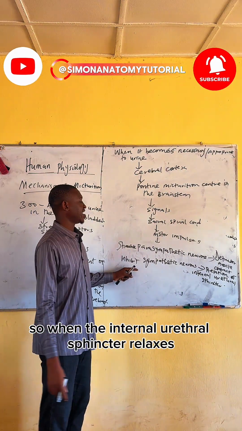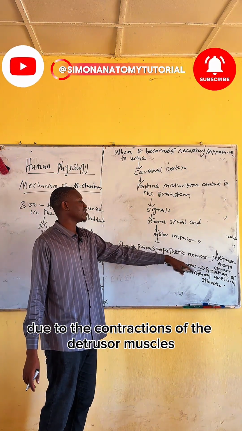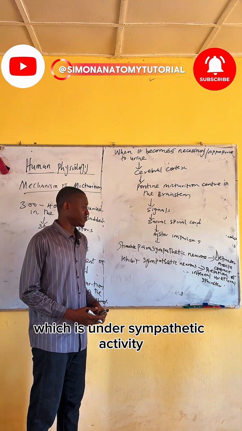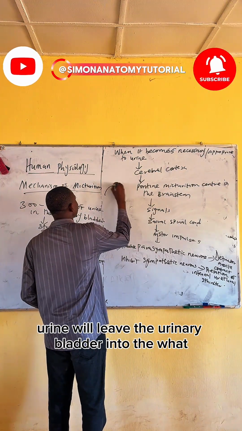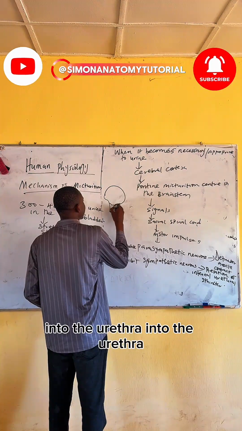So when the internal urethral sphincter relaxes, due to the contraction of the detrusor muscle, urine will now move from the urinary bladder into the urethra.